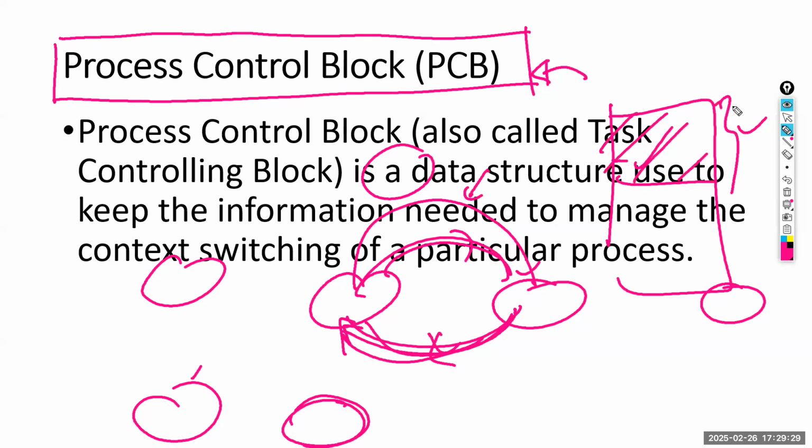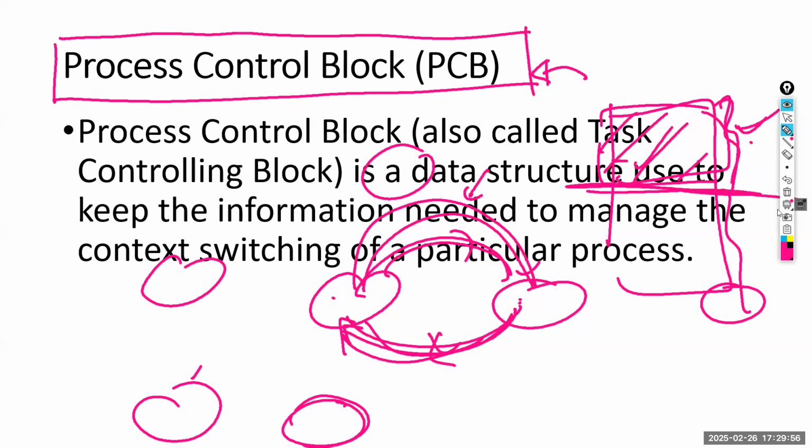Now it has executed, say, another 100 instructions, and thousands of instructions are still waiting to be executed. Before it is taken from running to ready, the current situation must be saved so that when it is taken back to the running state later, you can start from that point.